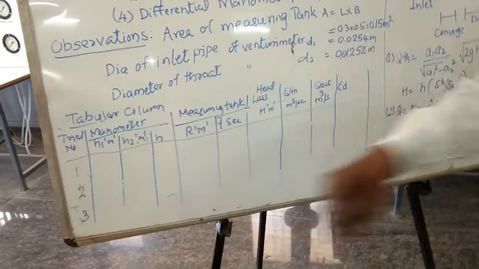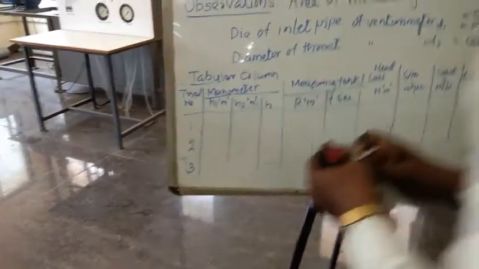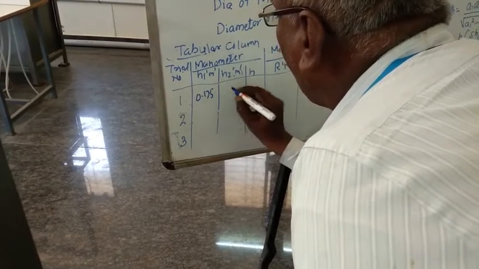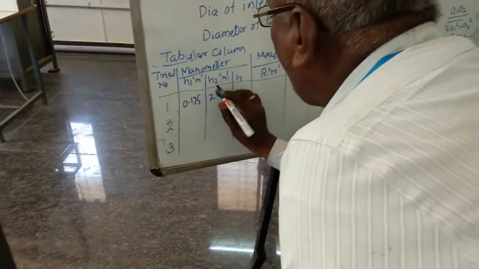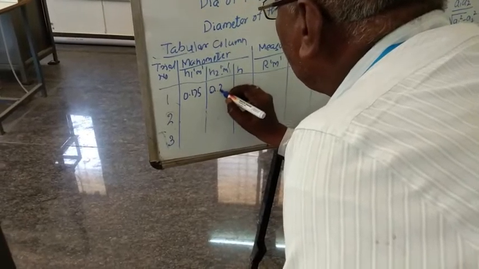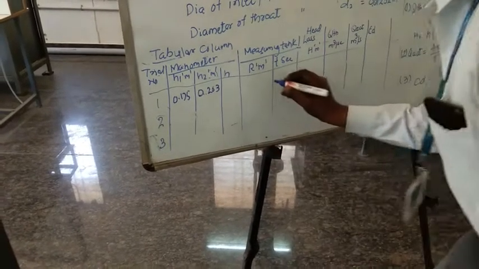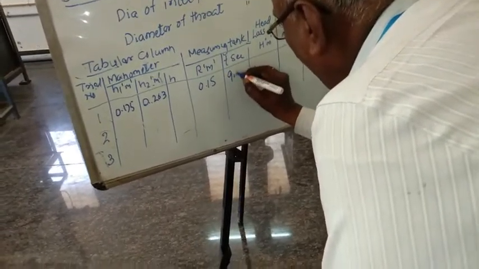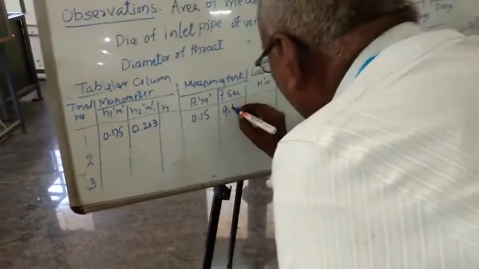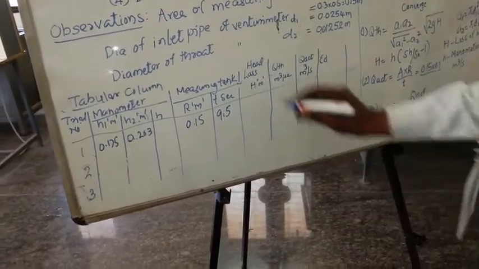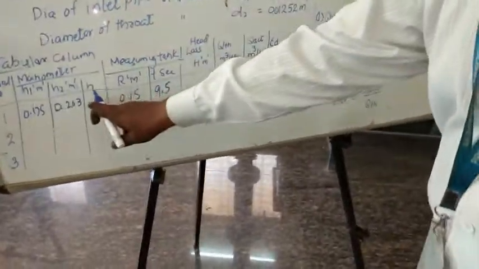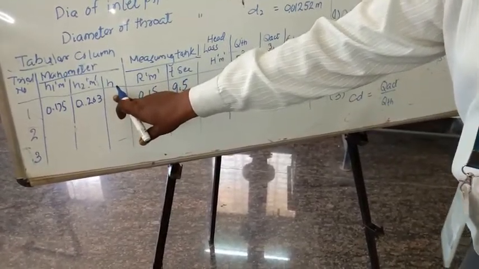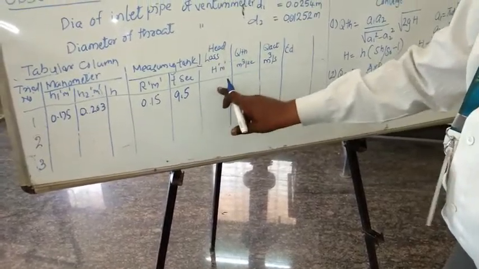Here R is 17.5, that is 0.175, and the other is 0.203. Then the difference is 0.1. The time is 9.5 seconds. Then the difference in head you can calculate, and 12.6 into the small h, we will get the loss of head.